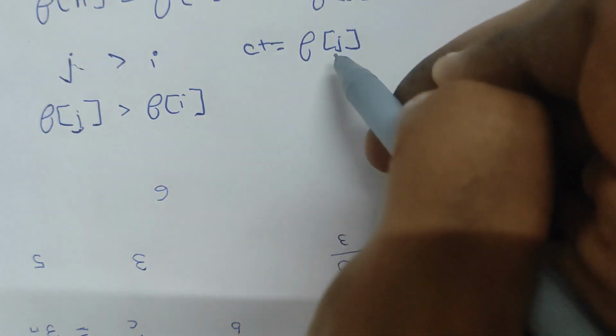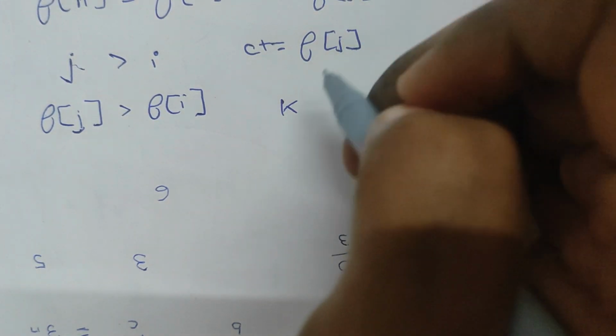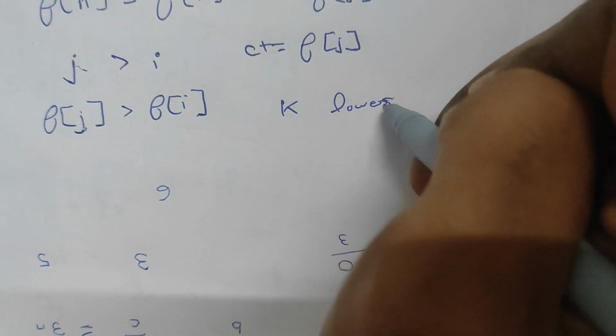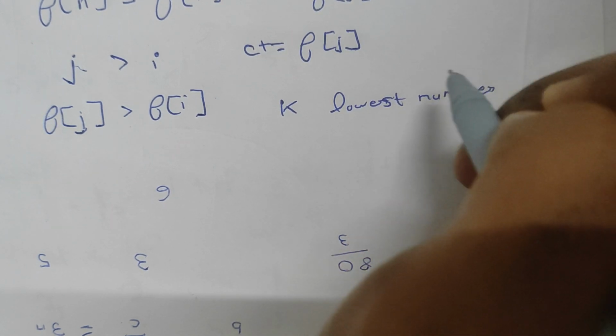This C number of people will vote for K, where K is the lowest number.